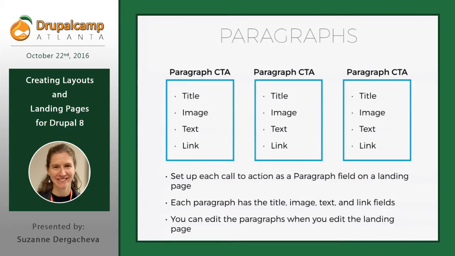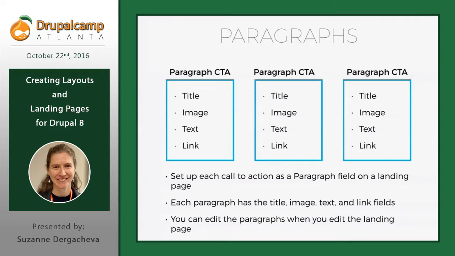You might have a standard call to action, one that's more like a video, or one that's got links in it or document downloads. But basically they're like mini content types that you're attaching to your landing page. And for each one you can define separate fields.